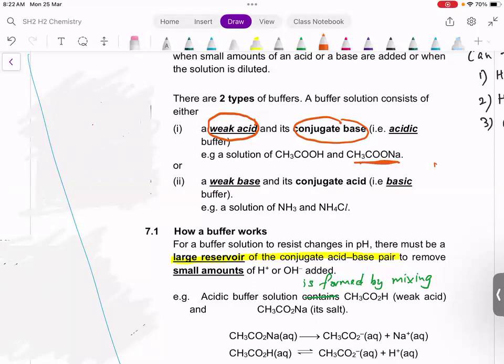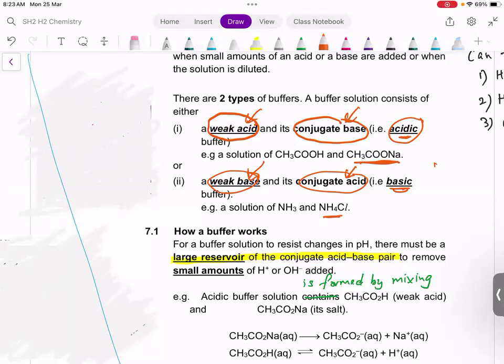Then if it's a weak base and its conjugate acid, this is also in the form of a salt. So a weak acid and its salt will form an acidic buffer. A weak base and its salt will form a basic buffer.